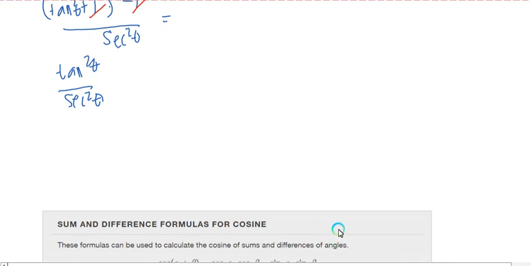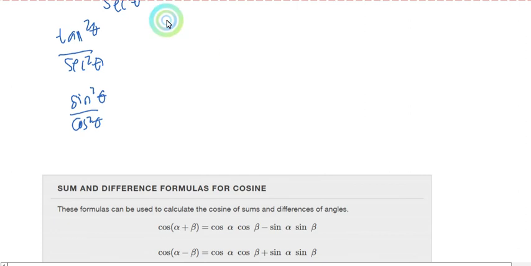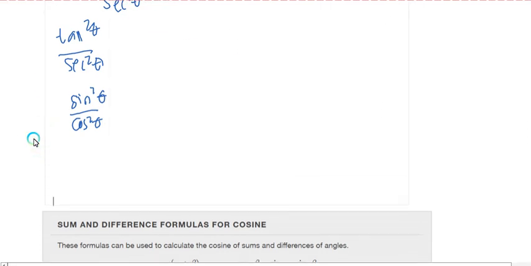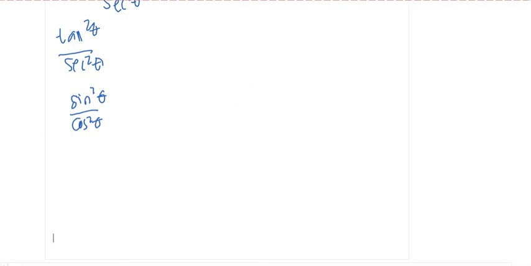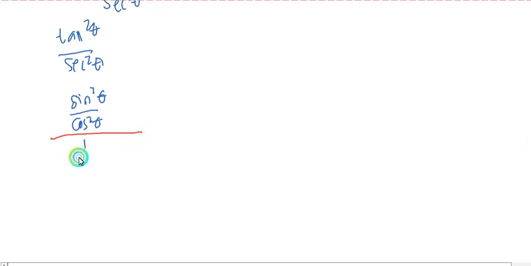Okay. So tangent is sine over cosine. So you will have tangent squared as sine squared theta all over cosine squared theta. Next, secant. What is the identity for secant in terms of sine and cosine? So we will have secant squared is 1 all over cosine squared theta.